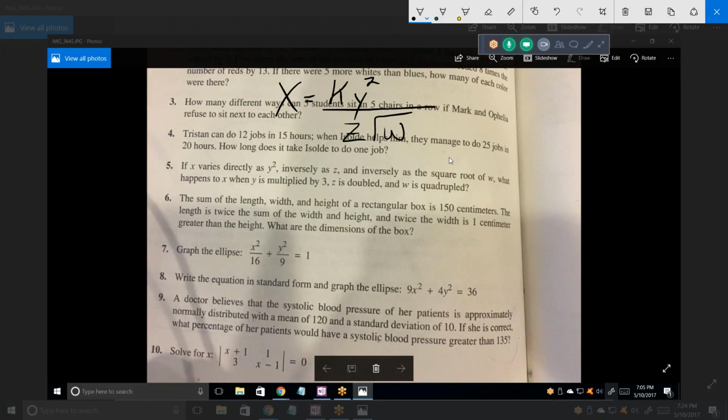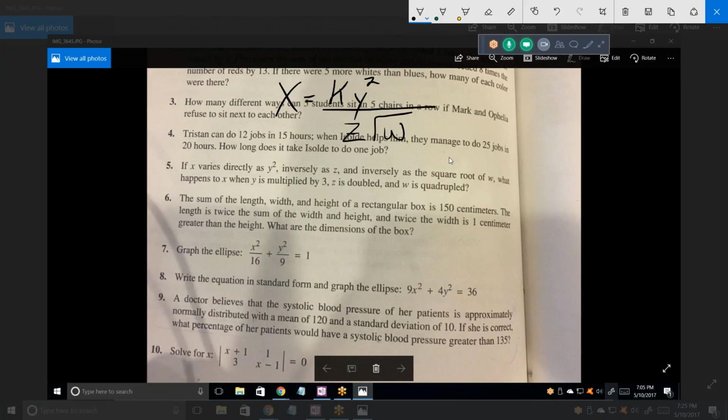I don't need it, because I can figure out what happens to x when y is multiplied by 3. When y is multiplied by 3, it goes up by a factor of what? 3? Y is being squared.